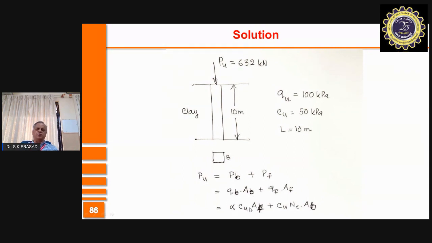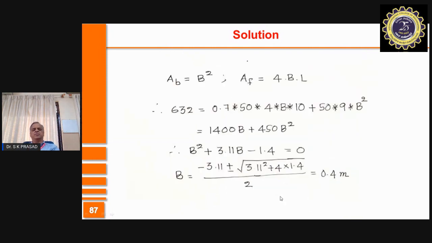At the base, it is Cu into Nc multiplied by area. And at the surface, it is alpha into Cu multiplied by corresponding area.